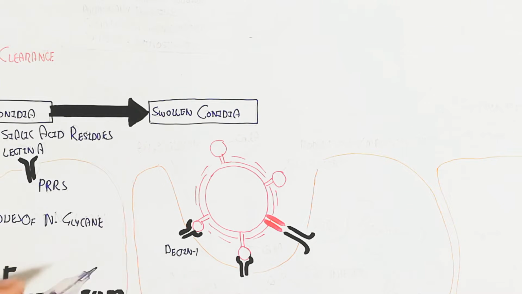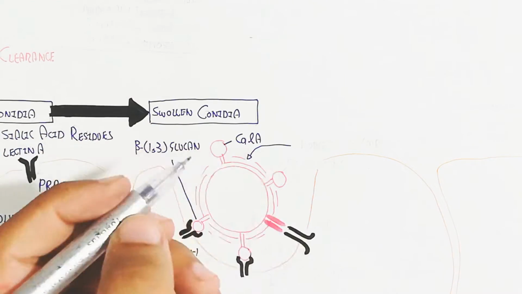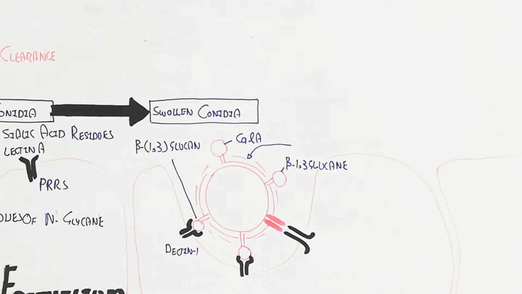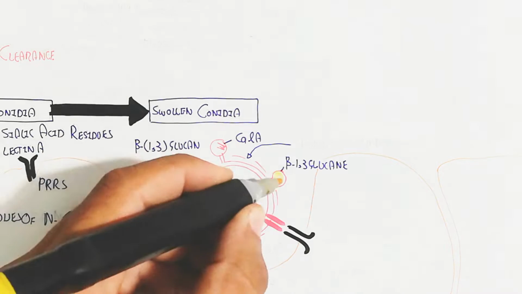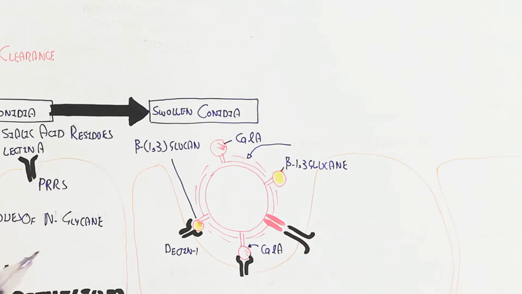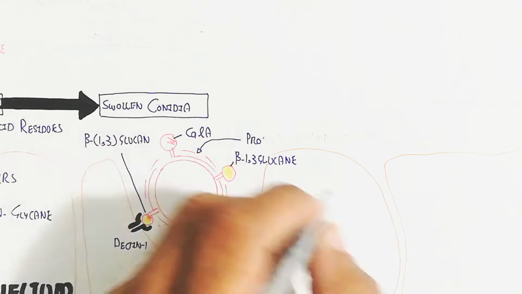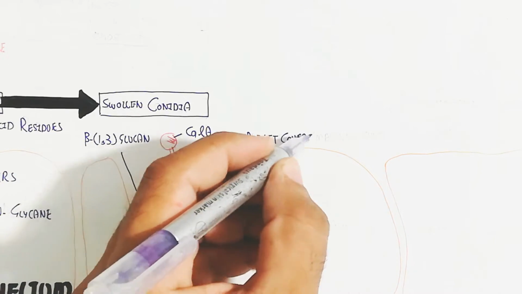After this binding, the beta-1,3 glucan and CALA will collectively bind with the pathogen recognition receptor, which will recognize the pathogenicity and invade. The rodlet cover and melanin will be shed, which will lead to invasion.